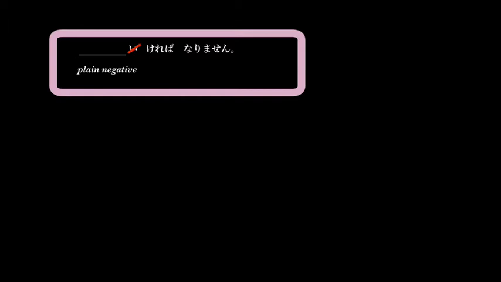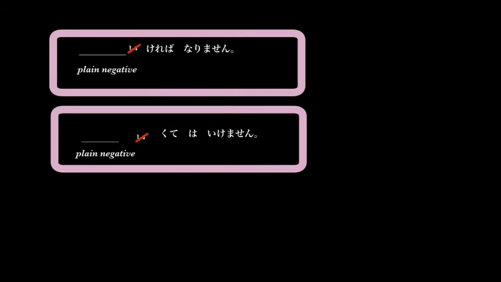So we're taking the i off the plain negative, adding kute, having nakute, and then we're going to add our expression ikemasen, saying it's no good. You must not do it. So now we've got "you must not," which is like a double negative one more time. Nakute wa ikemasen. So we have two different ways of saying "must."